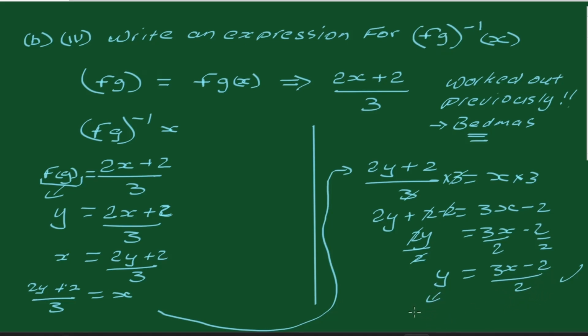We show that in our final answer: the inverse of the composite function, f g inverse x, equals 3x minus 2 all over 2. And that's the final answer to this question here.